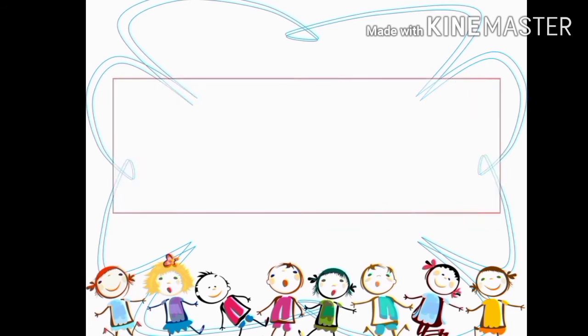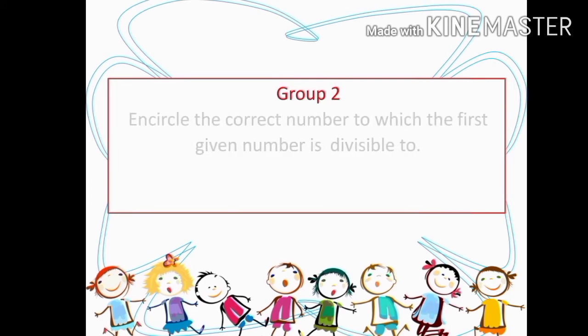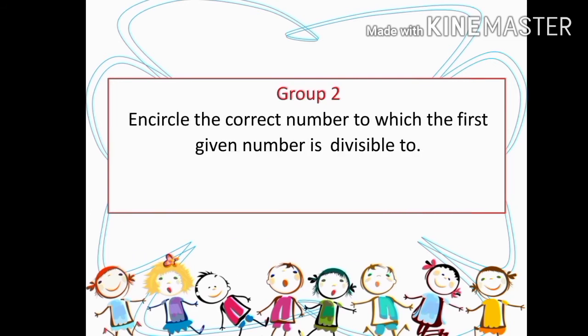For group 2, again, encircle the correct number to which the first given number is divisible. The number given is 55. Is it divisible by 2, 5, or 10? Next!